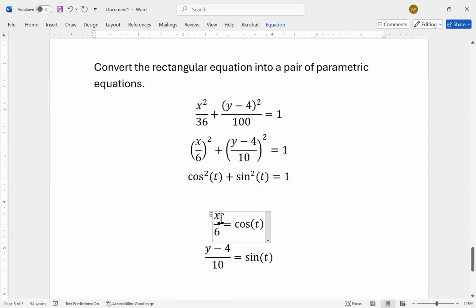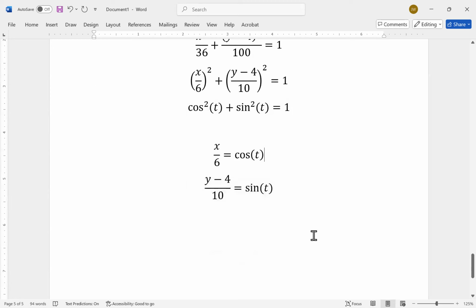So if I use sine for my x over 6 and cosine for my y minus 4 over 10, it would have still given me the same graph, but that point on the graph would have been moving in different ways. So traditionally, we use the positive cosine and the positive sine when I do this substitution.